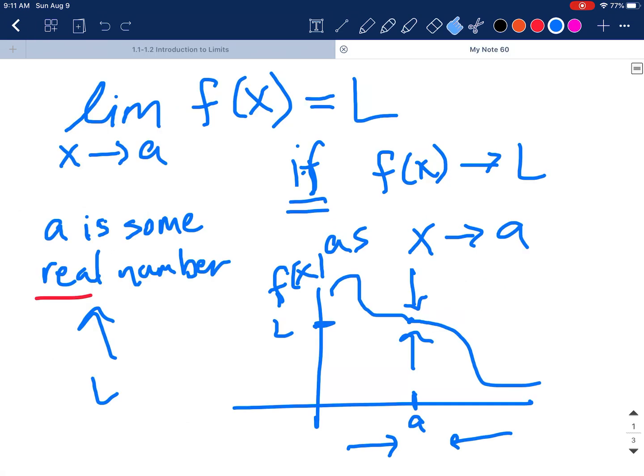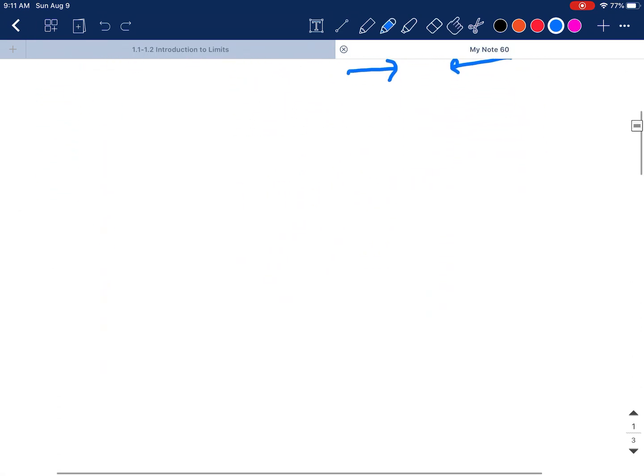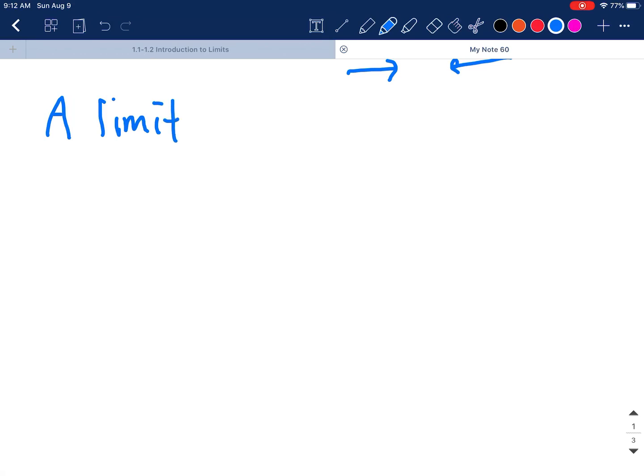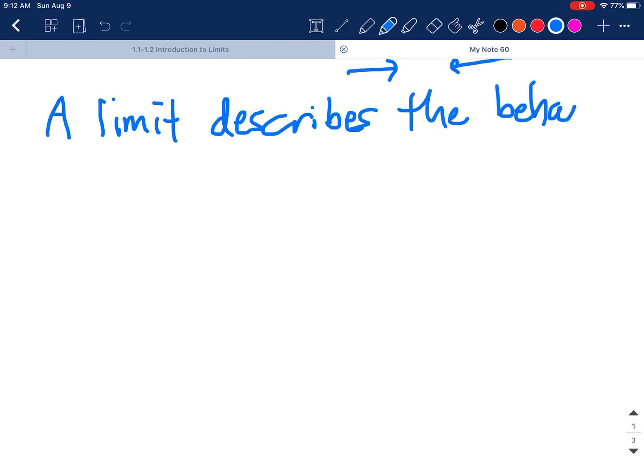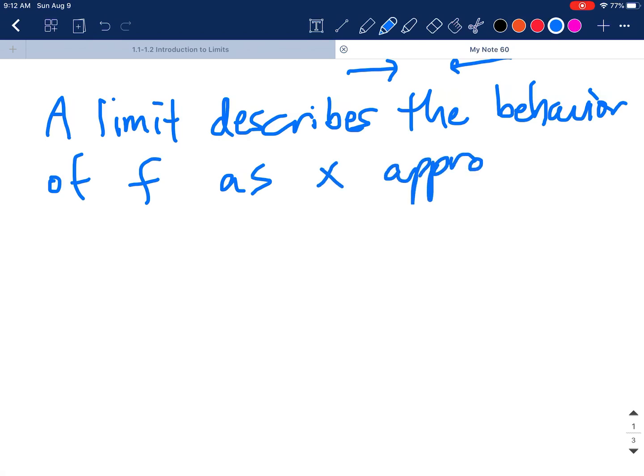So I want to put this down below as well. The limit describes the behavior of f as x approaches a.